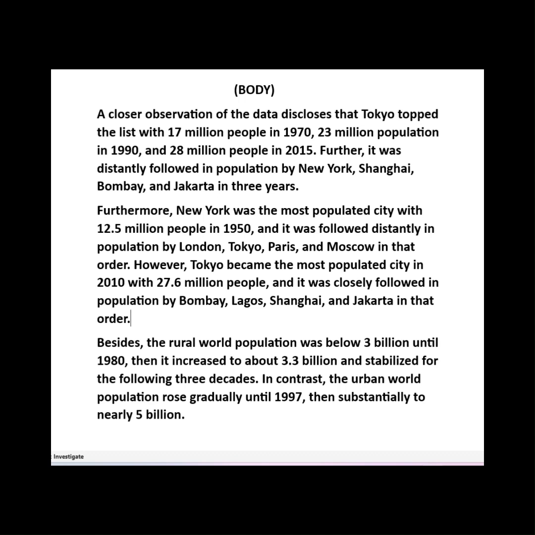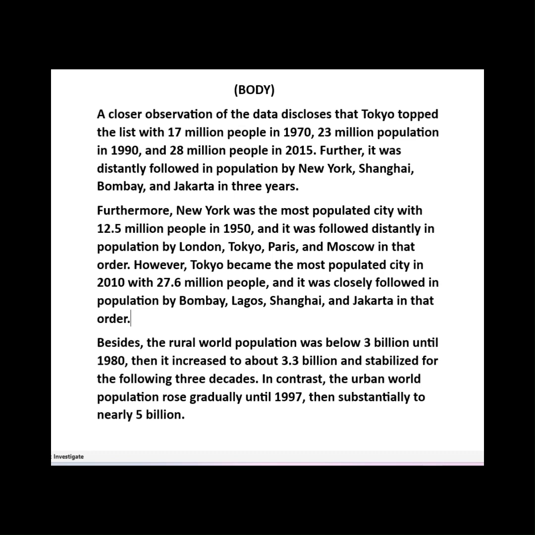However, Tokyo became the most populated city in 2010 with 27.6 million people, and it was closely followed in population by Bombay, Lagos, Shanghai and Jakarta in that order. Okay, now I have finished the second chart, that is tables, two small tables. Now to the third paragraph in the body.